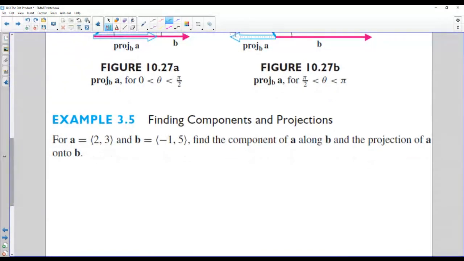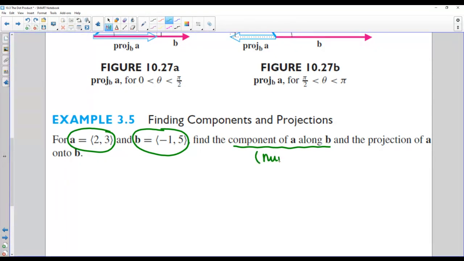So let's have a look at how it works. An example here. We have a vector A, a vector B, and I want to find the component of A along B, which is a number, and the projection of A along B, which is a vector.